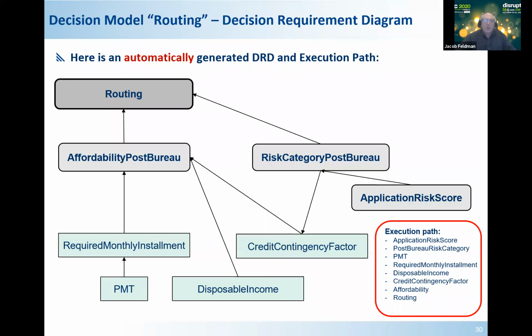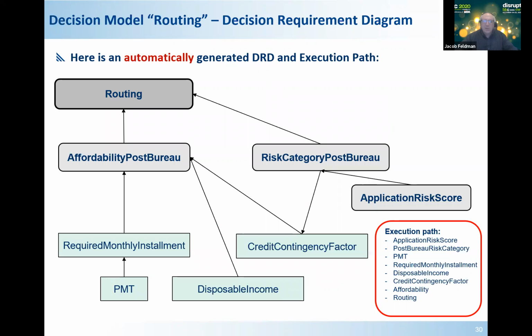Okay, and now I can automatically generate the DRD and execution path for my routing model, and we got 2 decision models, and you can see how all these models are connected inside the rule repository.